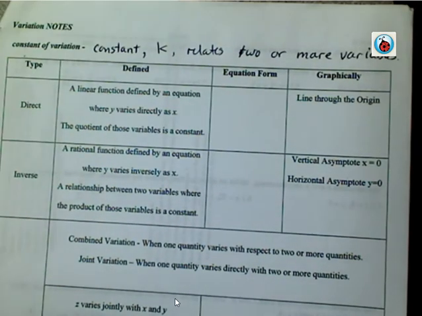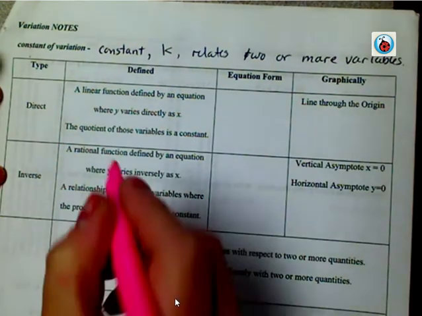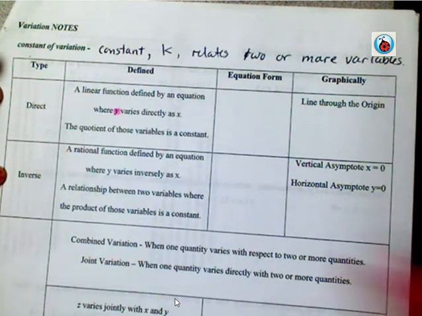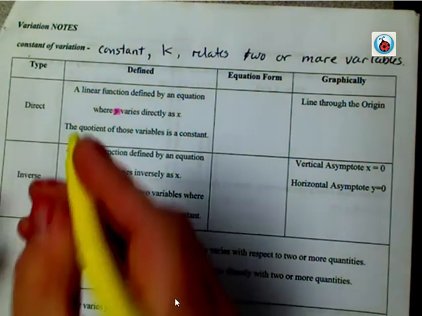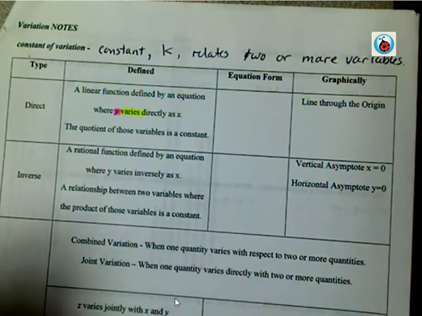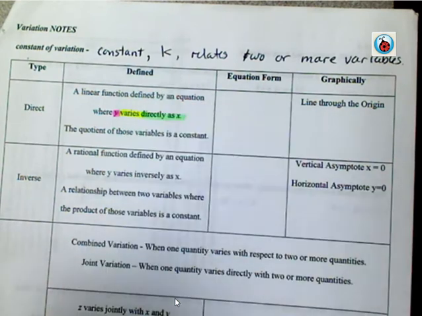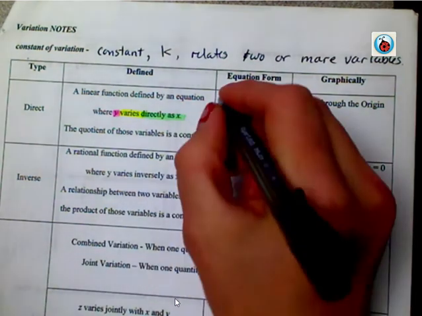We have direct variation, and so we're going to go from the sentence to the equation format. So we're going to say y varies directly as x, and we're going to translate that into a sentence.